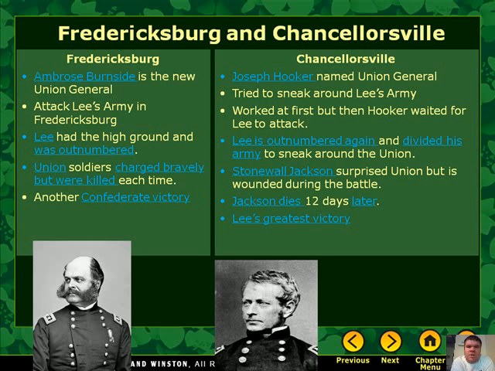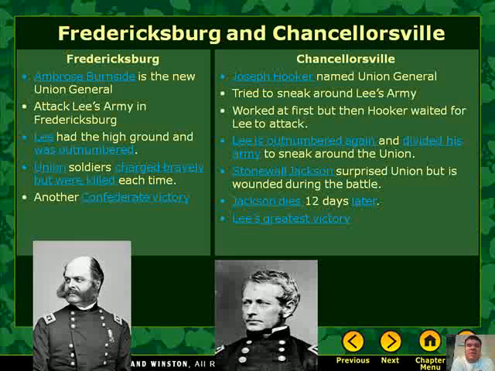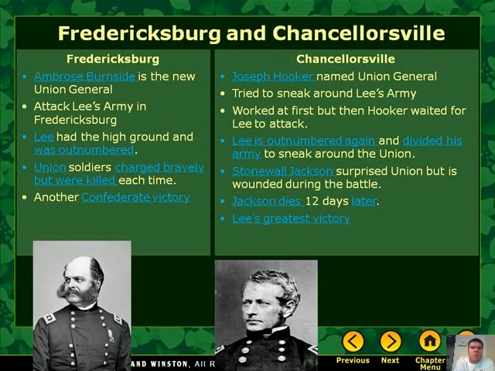And each time they were killed. One regiment after another, Burnside kept sending more and more soldiers in, and more soldiers would get killed. It was, as one historian put it, simply murder.